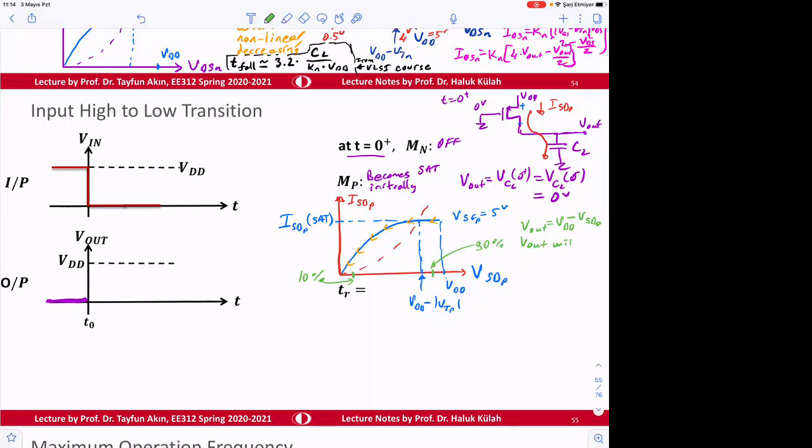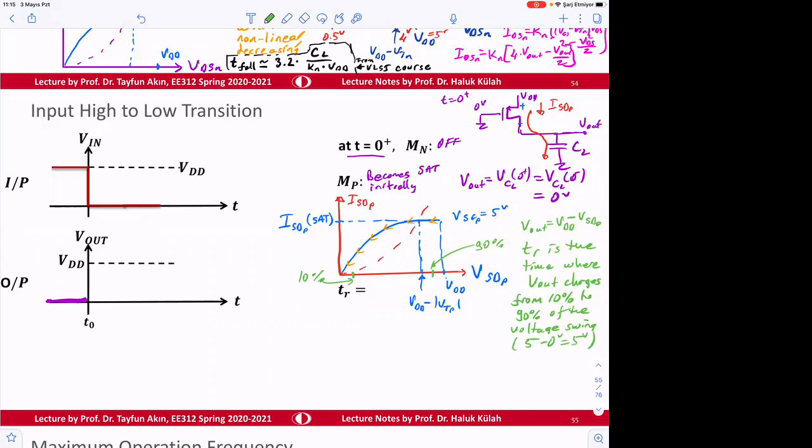So TR is the time where Vout charges from 10% to 90% of the voltage swing, which is 5 minus 0 volts, which is equal to 5 volts.